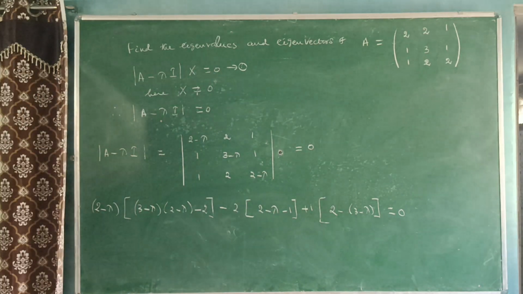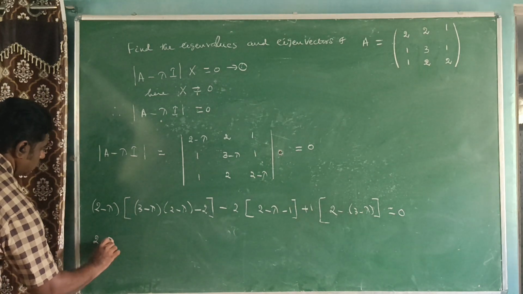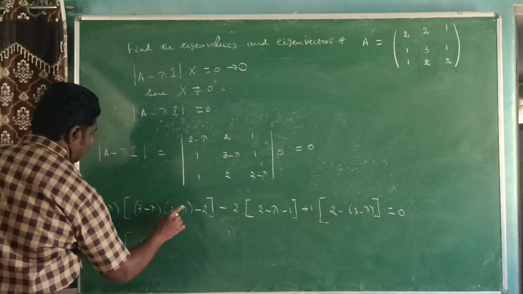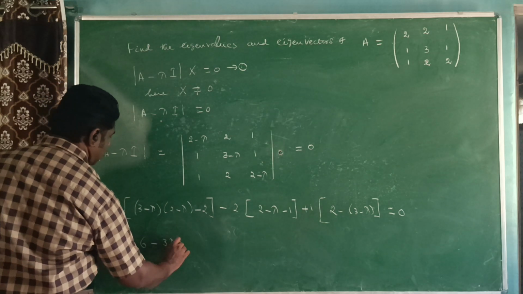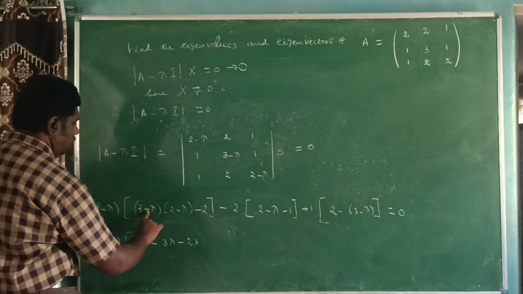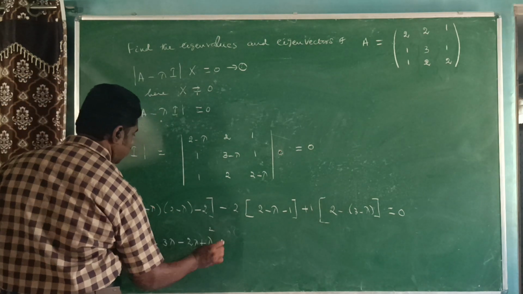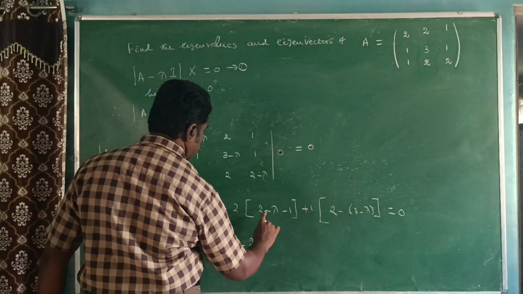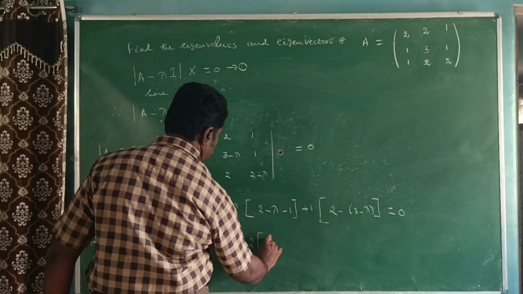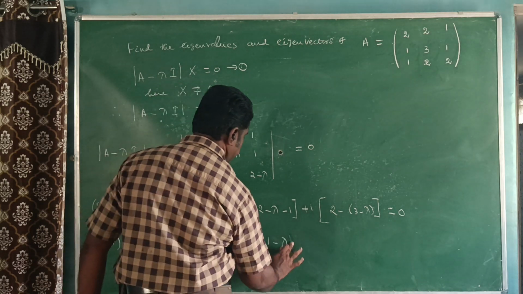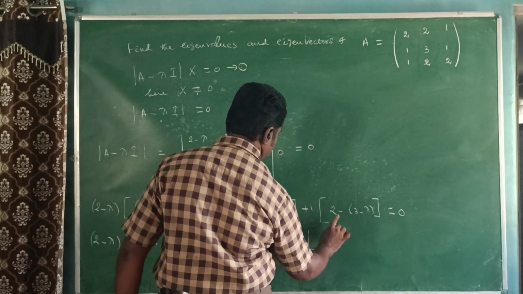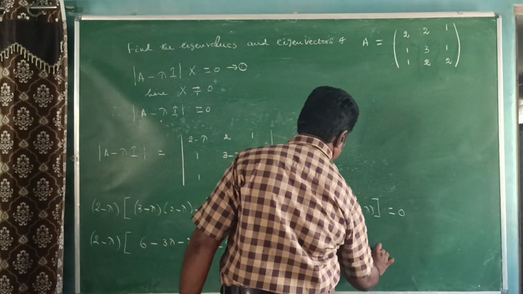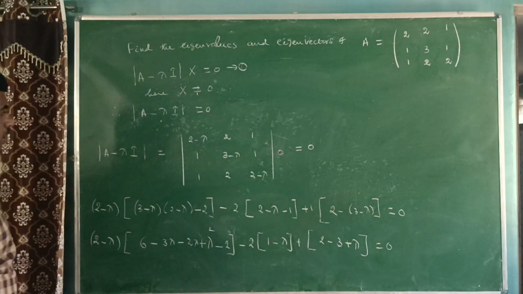Now you have to simplify this. This is (2 minus lambda) into (3 into 2 is 6, minus 3 lambda, minus 2 lambda, plus lambda square) minus 2, then minus 2 into (2 minus 1, 1 minus lambda), plus (2 minus 3 plus lambda), equal to 0.